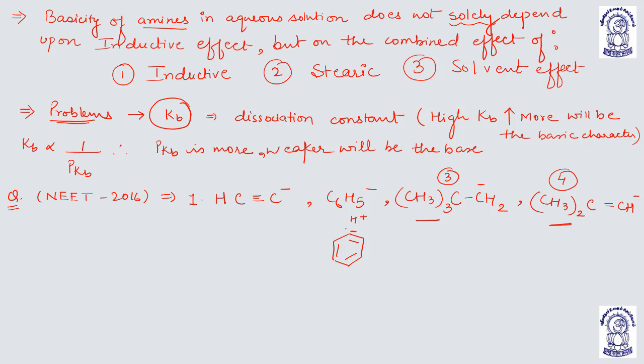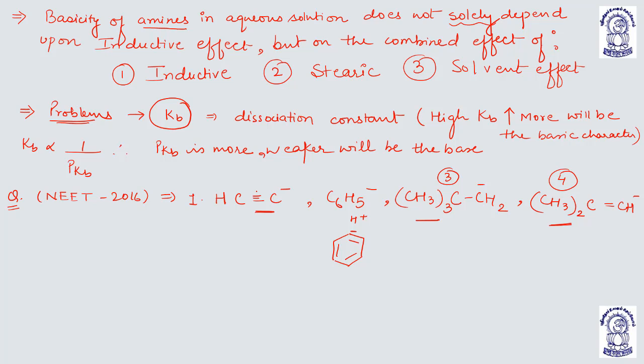This negatively charged carbanion will increase the electron density over this ring. Because of the increased electron density over this ring, it will decrease the resonating stability of this compound. Resonance I am going to cover later in this video. So the most stable is this compound.